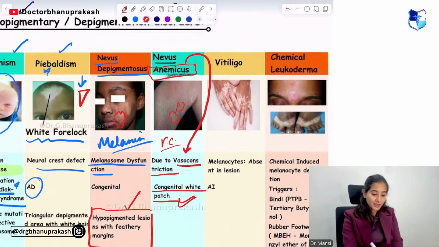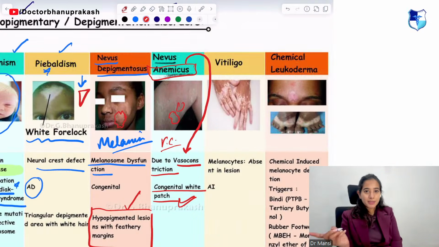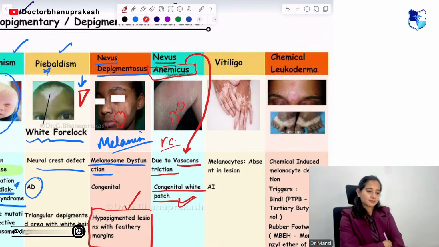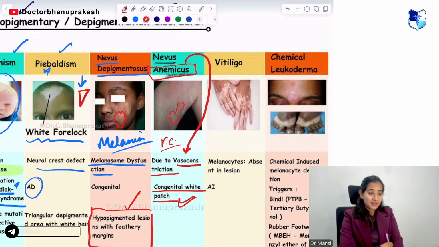Then we have vitiligo. Is vitiligo depigmented or hypopigmented? A few basics which you should already know. Anirudh is saying hypo, Prem Kishore is saying depigmented, Raja is saying hypopigmented.